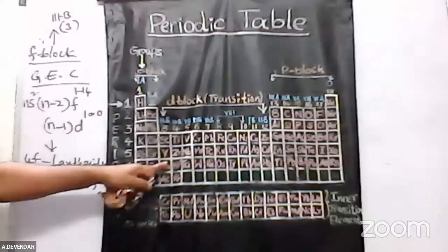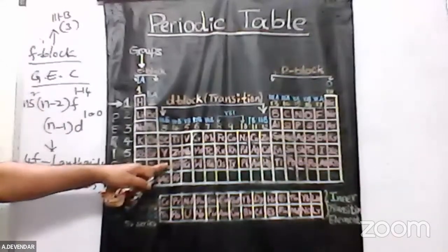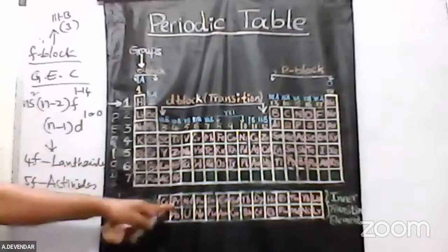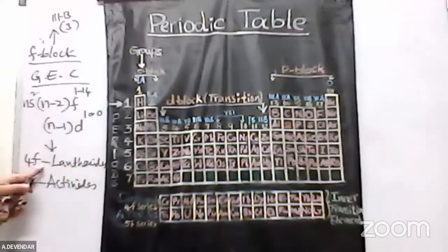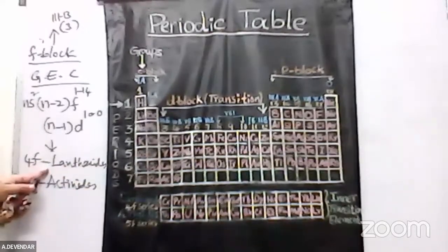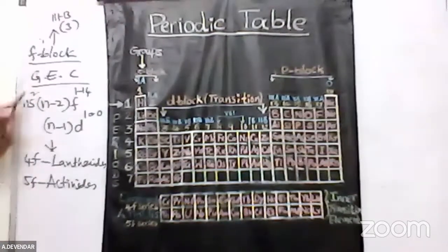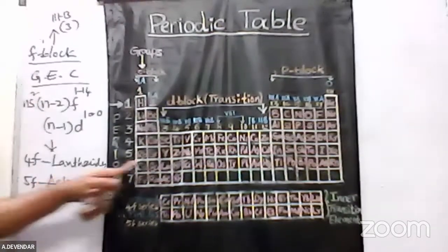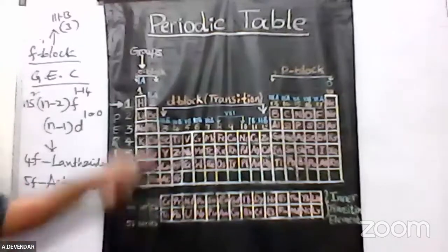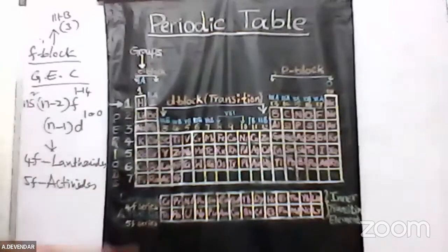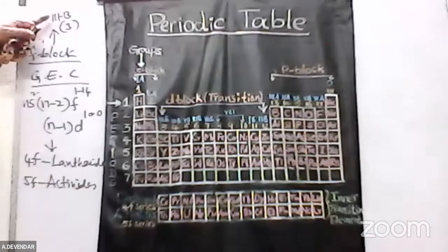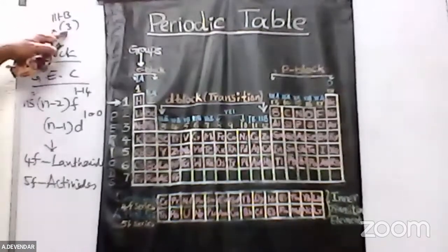Because on lanthanum there is no place for 14 elements. The 4f series consists of 14 elements and the 5f series consists of 14 elements, 28 elements in total. They are not kept at lanthanum and actinium, so you keep them at the bottom of the periodic table. That's why they belong to group 3B.